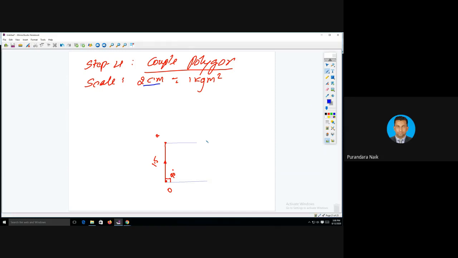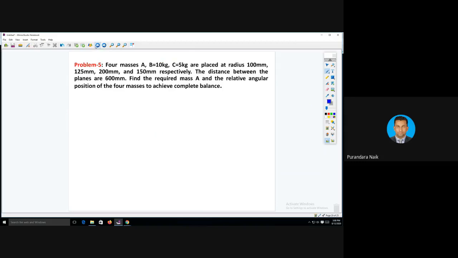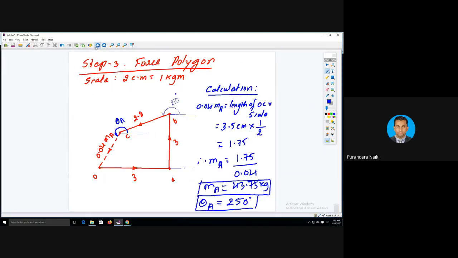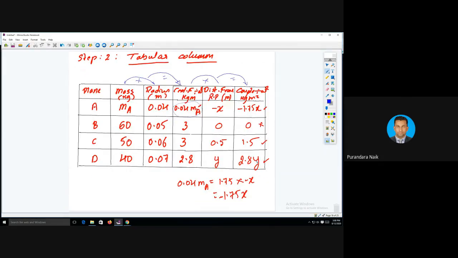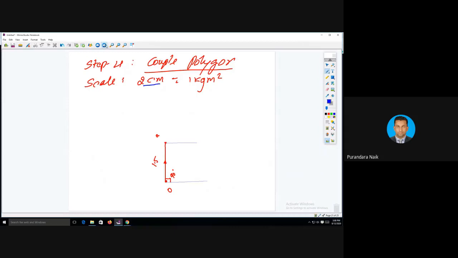Okay, so here we have D. This is 2.8y and the angle is 210 degree. Let us take the angle first. Forget about the magnitude. Just take the angle 210 degree.